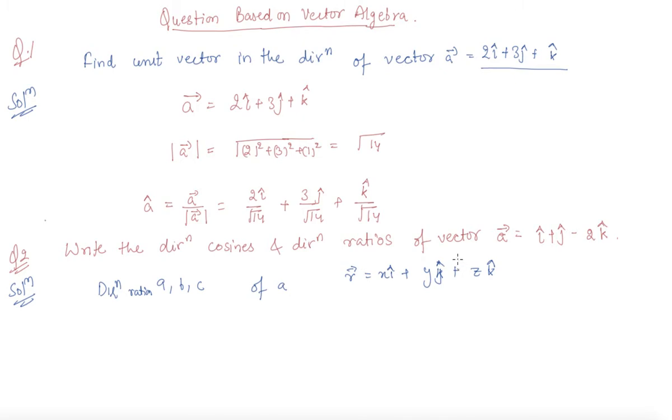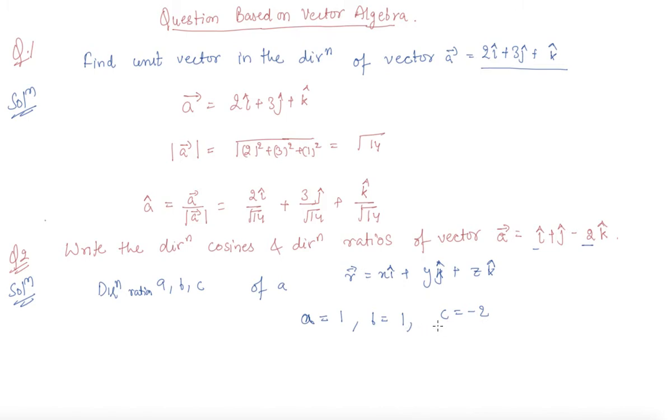So in this vector, a will be 1, b will also be 1 and c will be minus 2. So these are the direction ratios of the vector.